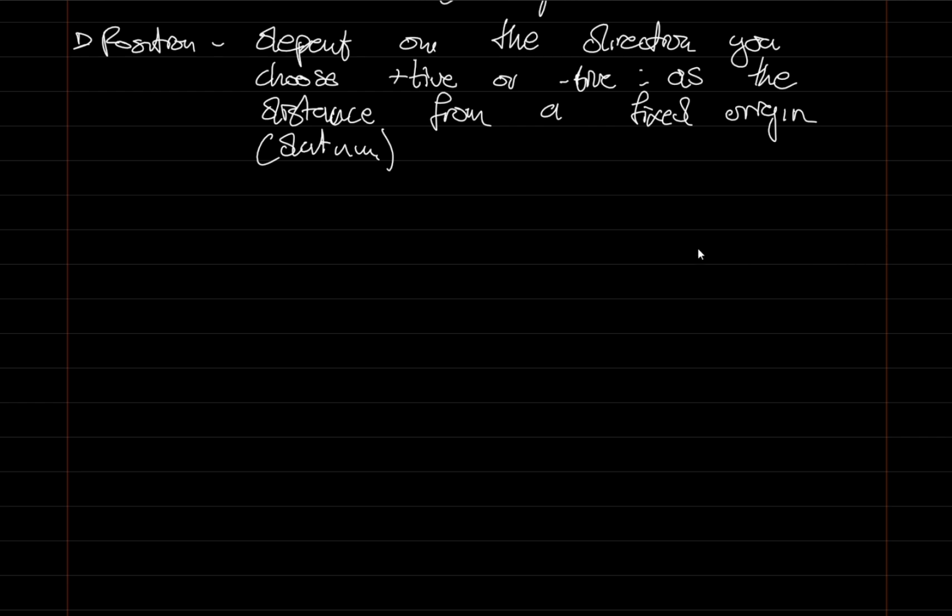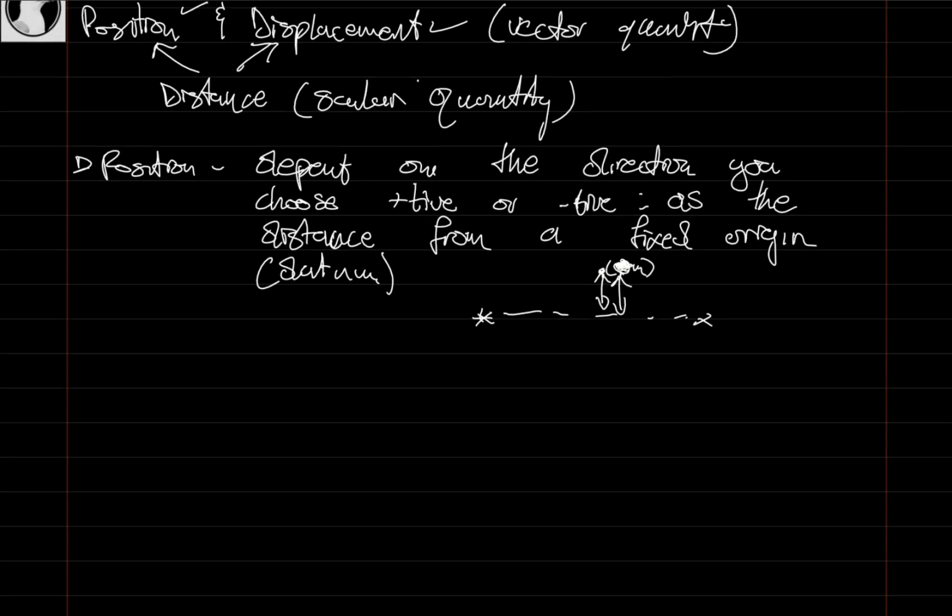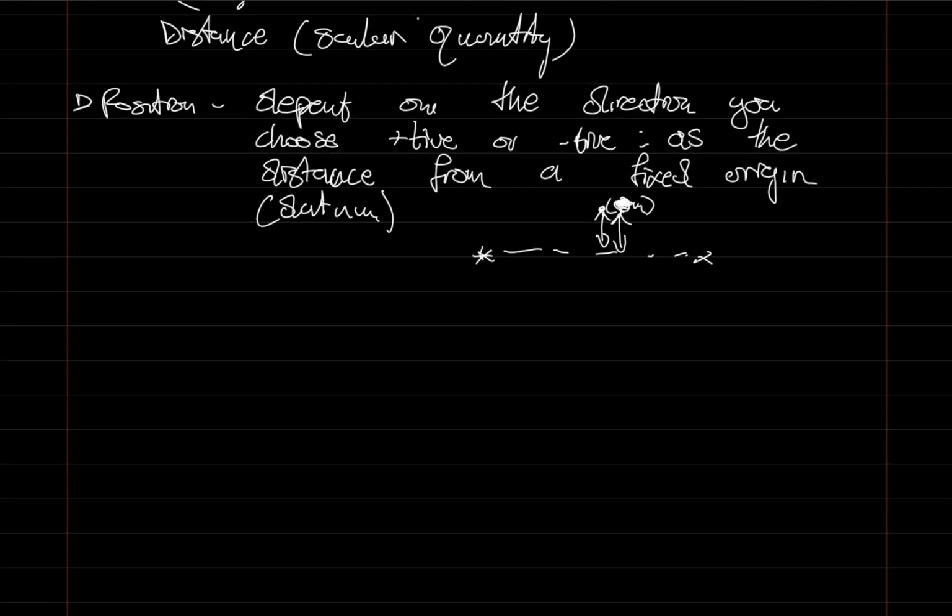So depending on which direction you've chosen, it could be below or above. Let's say this is my datum, and then I throw a ball. This would be the position of the ball, the position of this ball with reference to your datum.